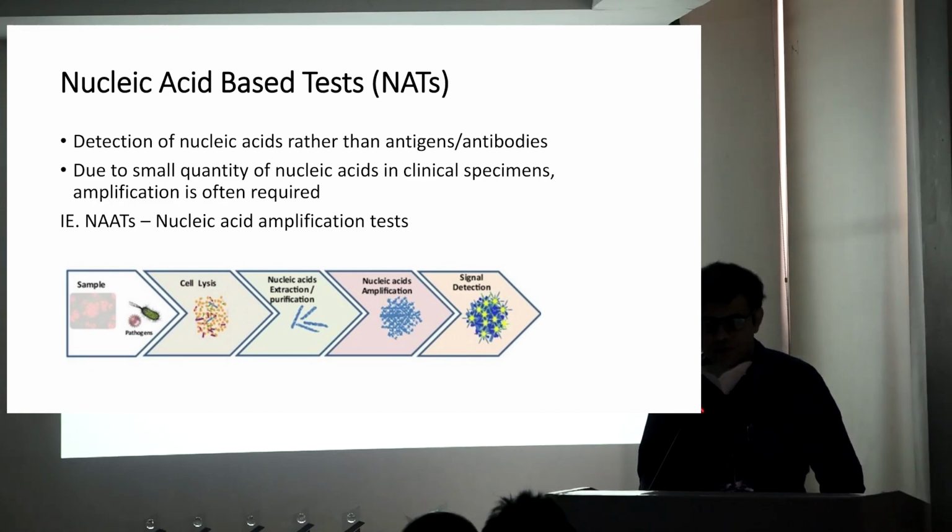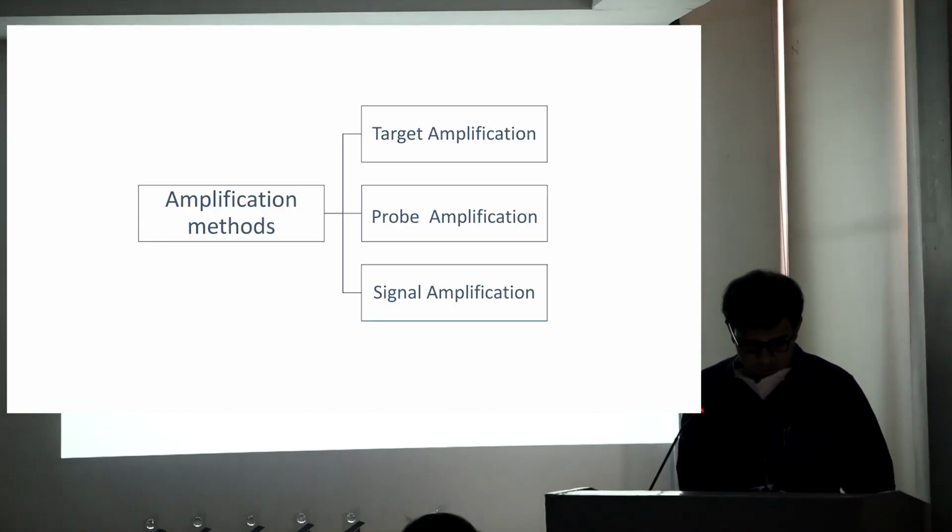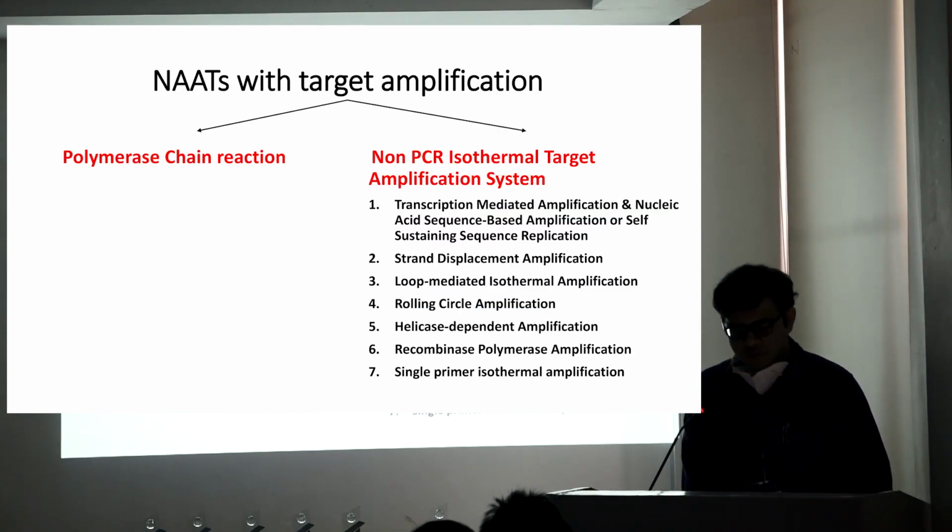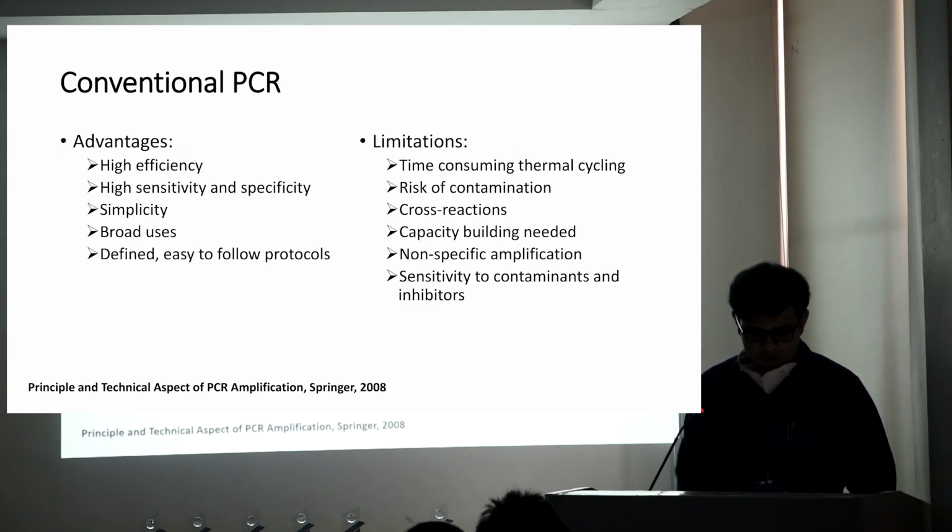Now moving on to the nucleic acid based tests, that is called NATs. So there are certain application methods. One is the polymerase chain reaction, that is targeted, you have a particular primer for that particular organism, and there are some other non-PCR based isothermal targets, so there are many of those.